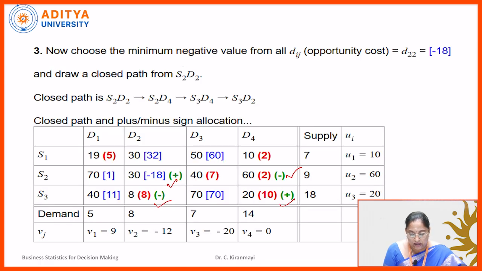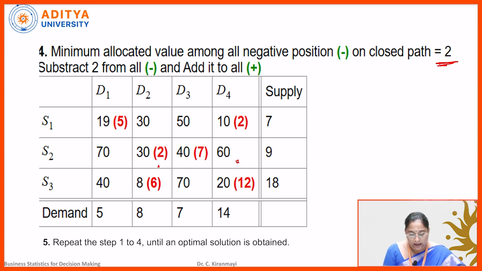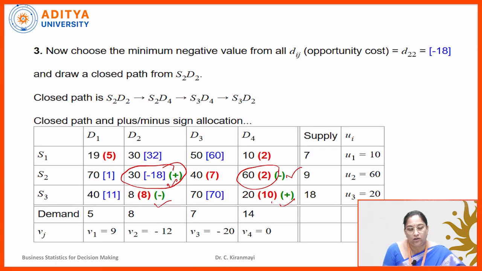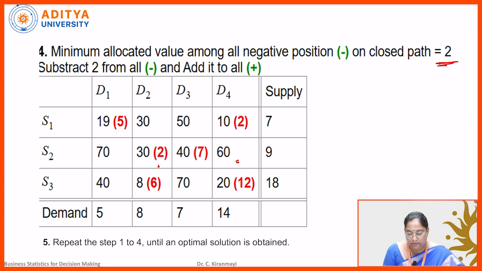Therefore, this unoccupied cell will become occupied with 2. Since initially there is no allocation, we consider it as 0. 0 plus 2 is 2. For this corner we subtract 2: 2 minus 2 is 0, so this occupied cell will become unoccupied. Then here we add 2, so this 10 will become 12.